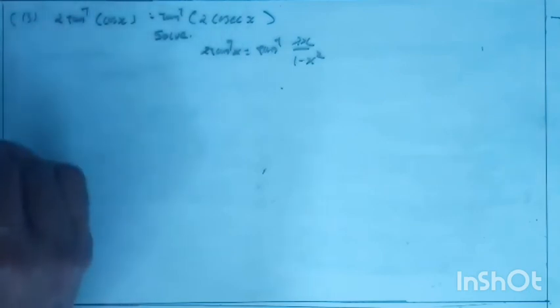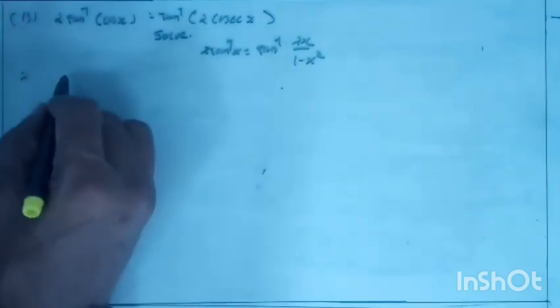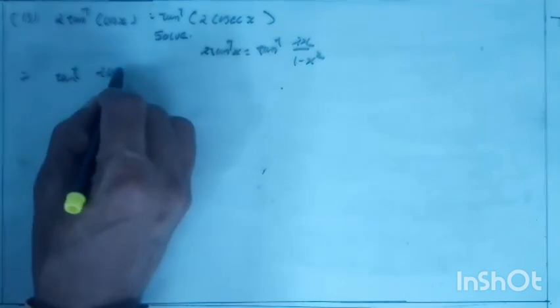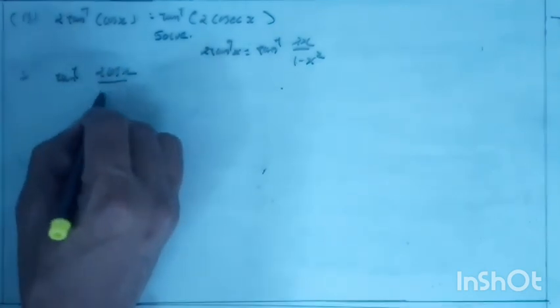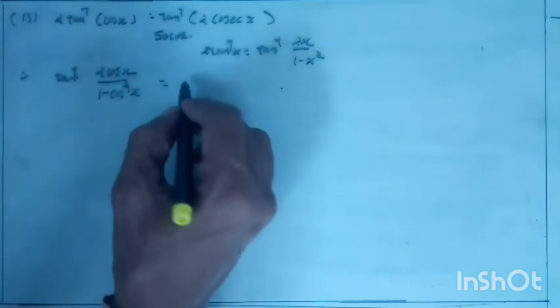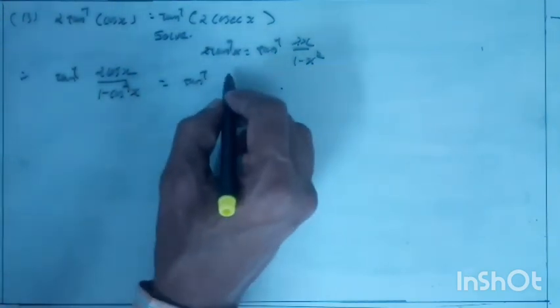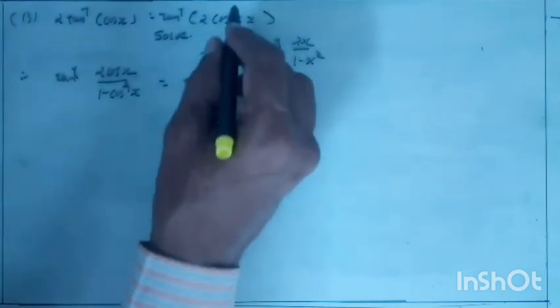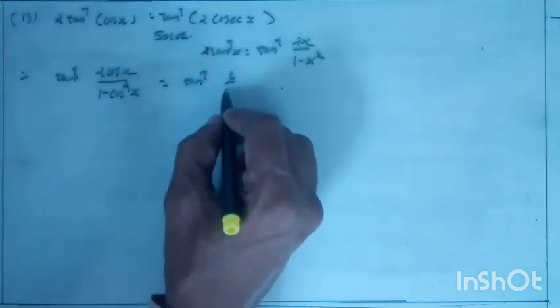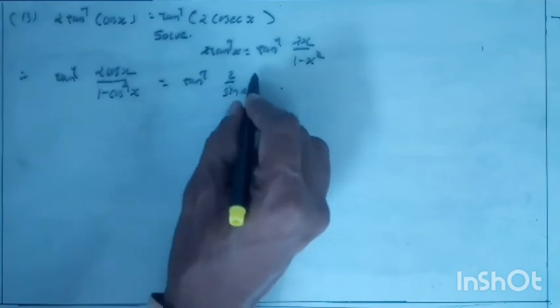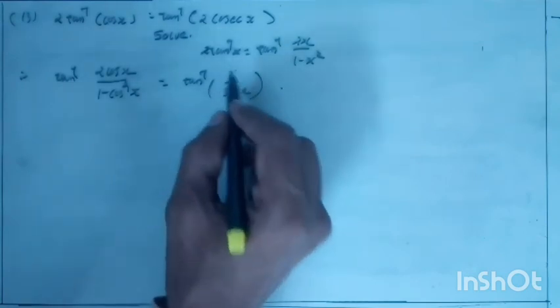For these terms, we get tan inverse 2 cos x upon 1 minus cos square x is equal to tan inverse 2 upon sin x, changing cosec x into 1 upon sin x.